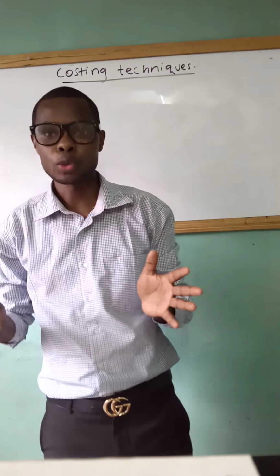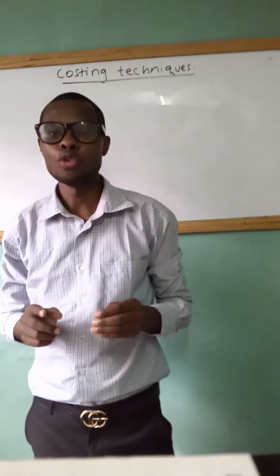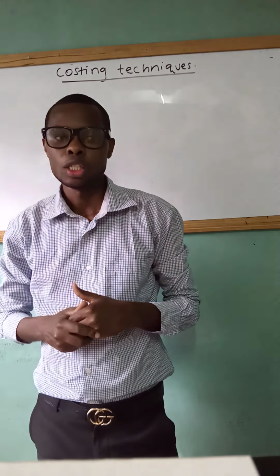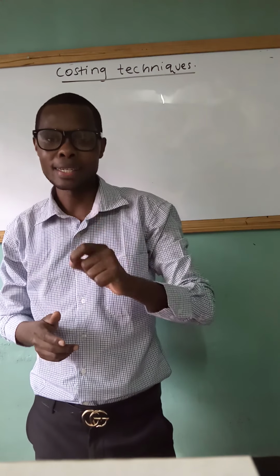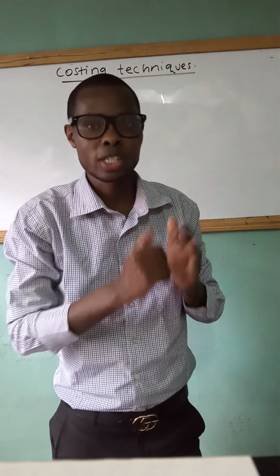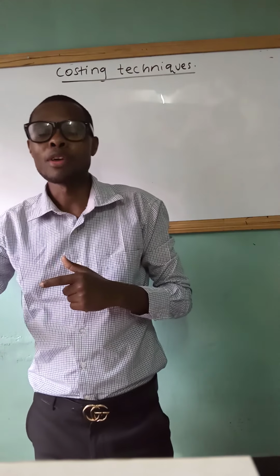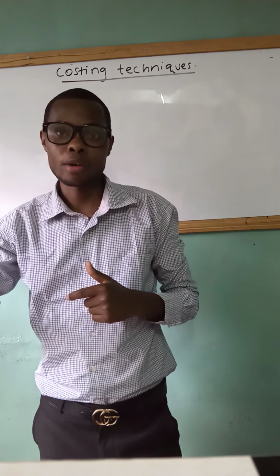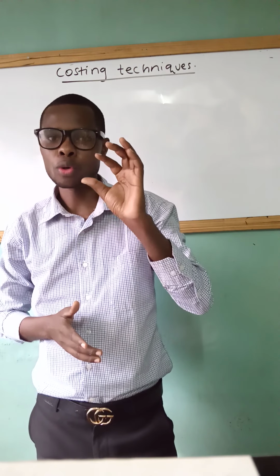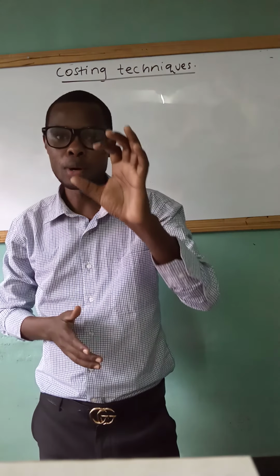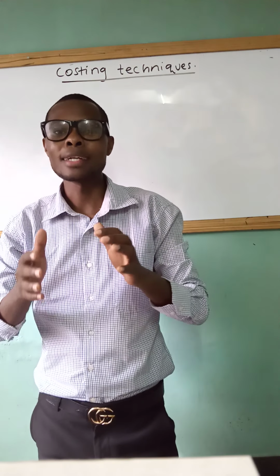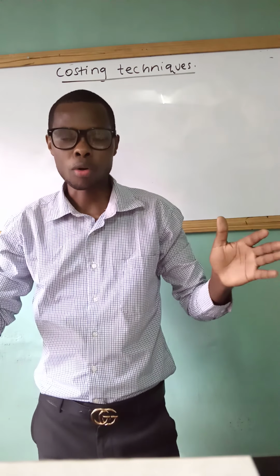Just imagine, I would like you to imagine this. If you manufacture bread so that you go and sell, you must get to understand the cost that you incur in manufacturing that bread so that you determine the price at which you're going to sell that loaf of bread. Sometimes we calculate the cost of manufacturing a single item. Sometimes we calculate the cost of manufacturing items in bulk or in large quantities.